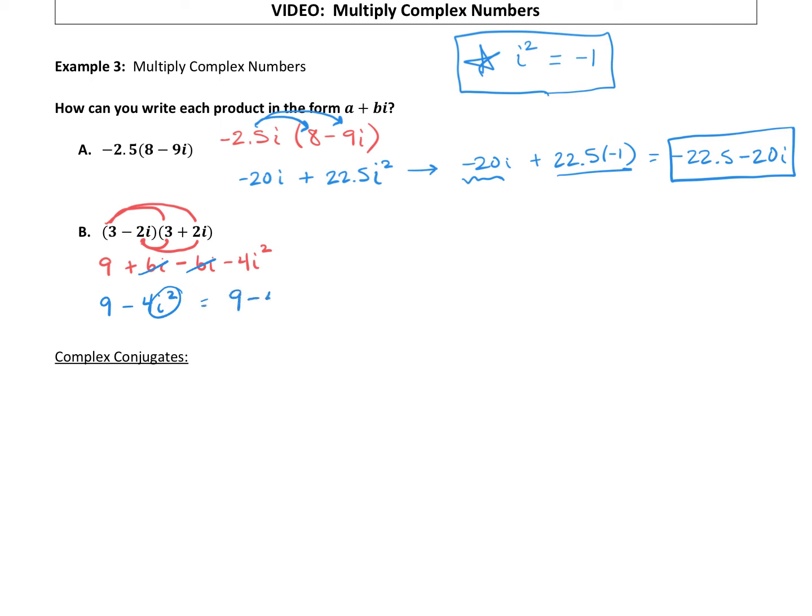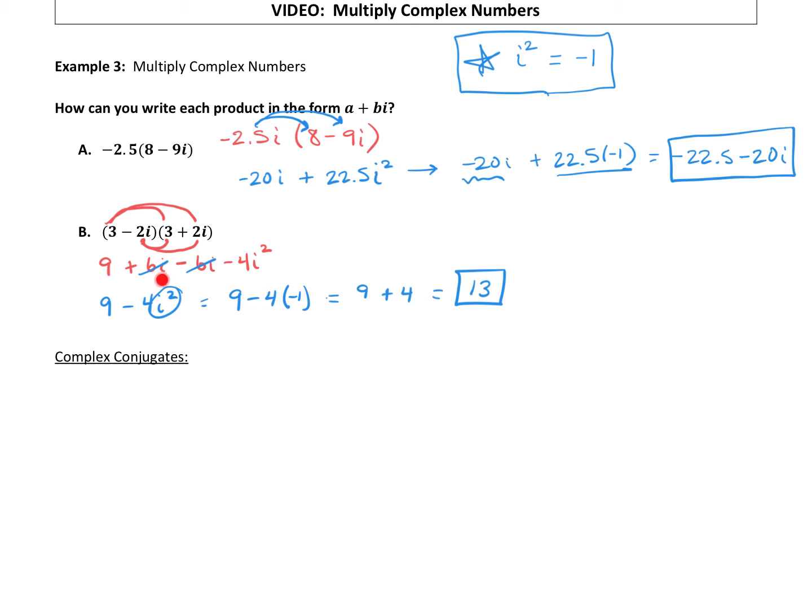So we have 9 minus 4 times, instead of i squared, it's times negative 1. So we have 9, and then this is a negative 4 times a negative 1. Negative 4 times negative 1 is a positive 4. And 9 plus 4 gives us a final answer. This simplifies down to just a 13.